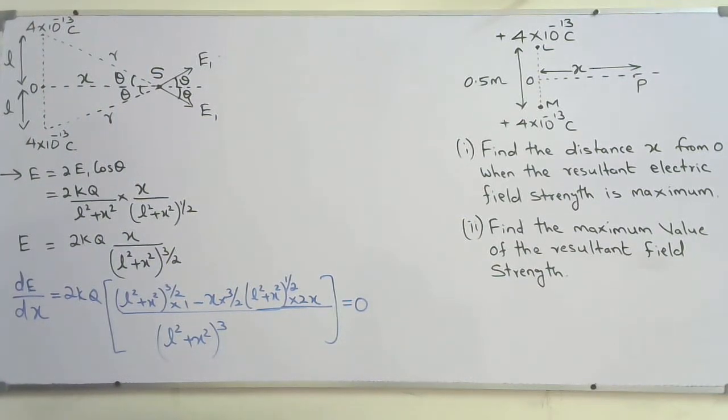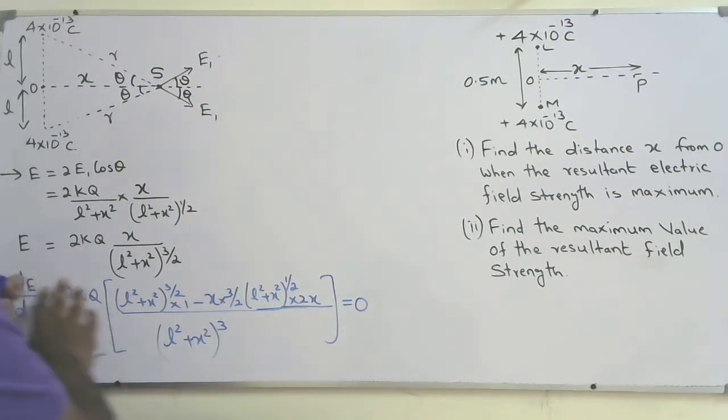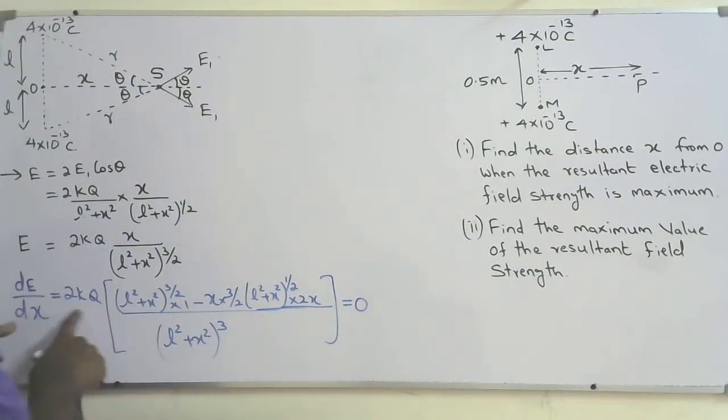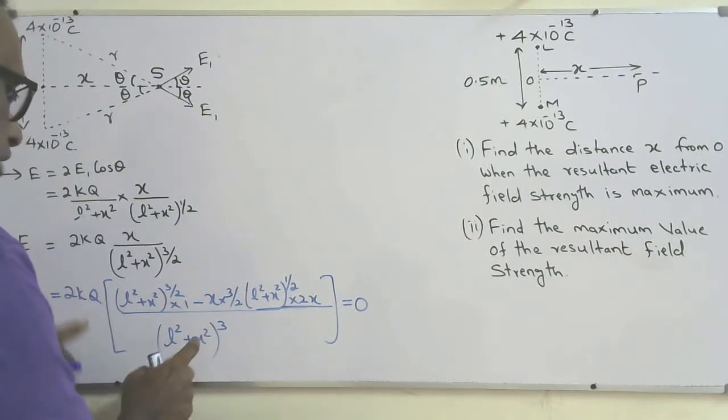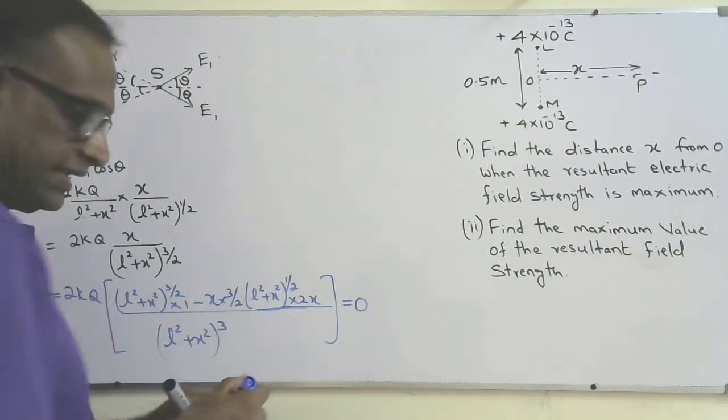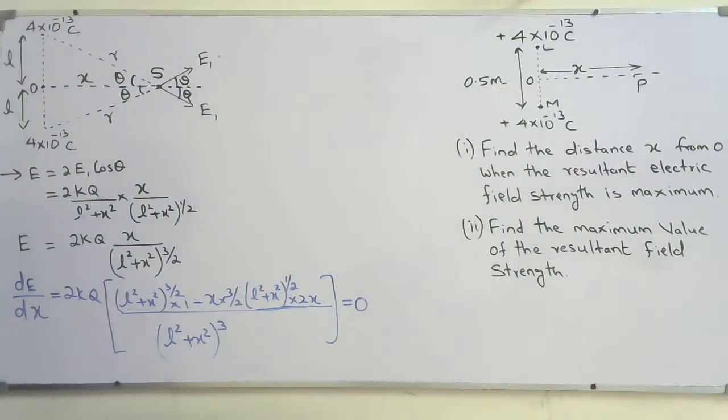Here I can divide the whole equation by 2kq and multiply by L squared plus x squared to the power 3 by 2. So I get a new equation.